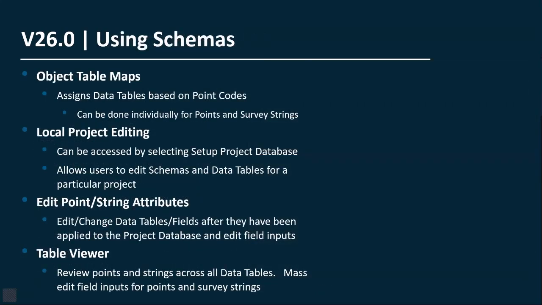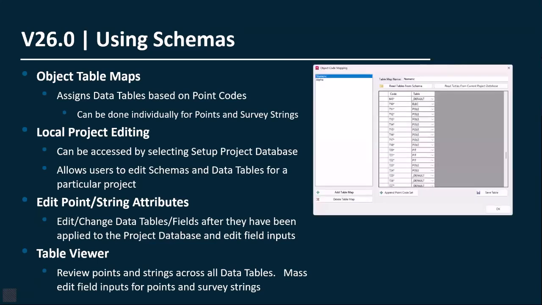Now, once you've set up your schema, you then need to tell it how it's going to be applied. The way you do that is through object table maps. So what you would do is set up your point code library using Stringer. Anyone who has used Stringer in the past should be familiar with setting up a code library. Once that's been done, you can then assign an attribute data table to each code.